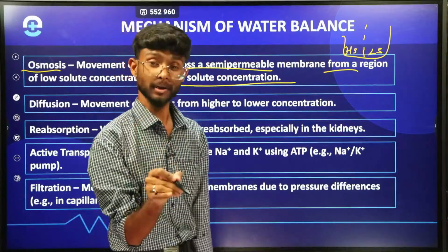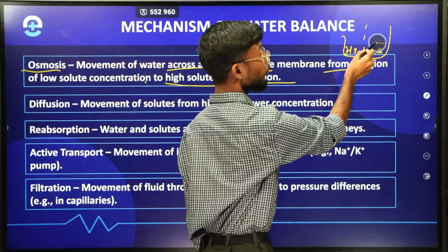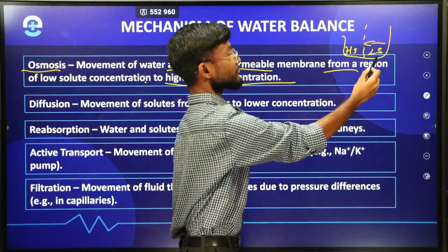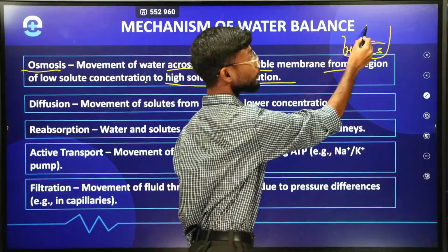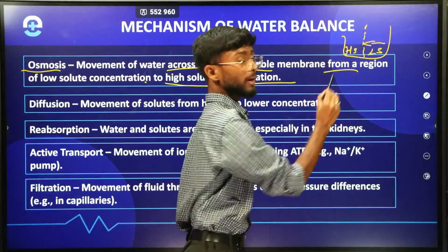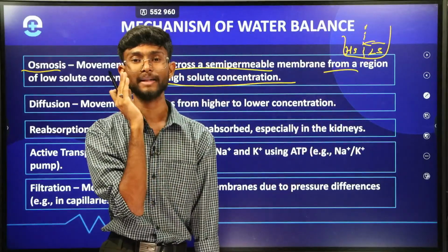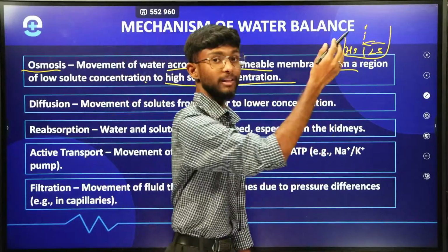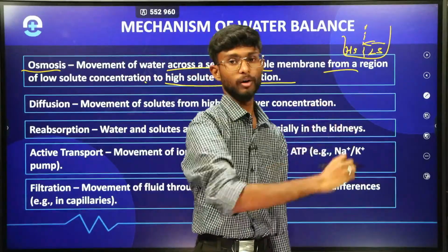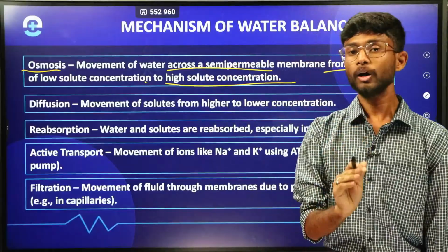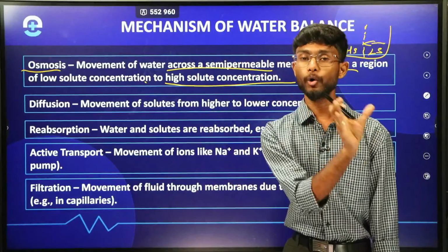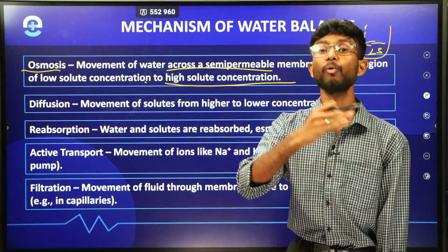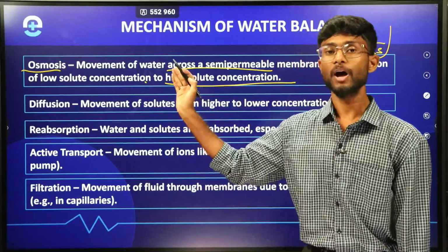The water molecules move from low solute concentration to high solute concentration through the semi-permeable membrane, through the porous membrane, that is osmosis. Here the main terminology you should use is semi-permeable membrane and low solute to high solute. How the movement of water takes place, that is osmosis.